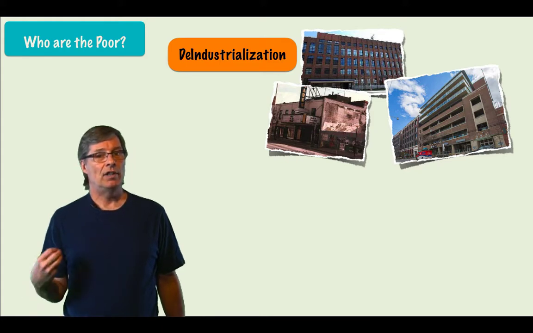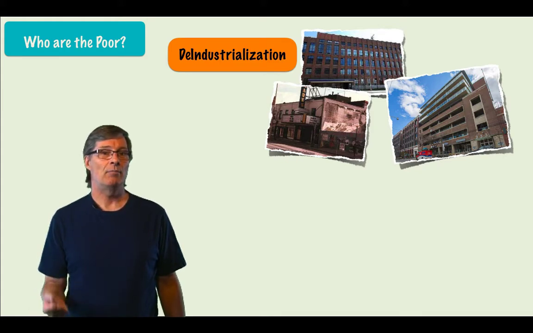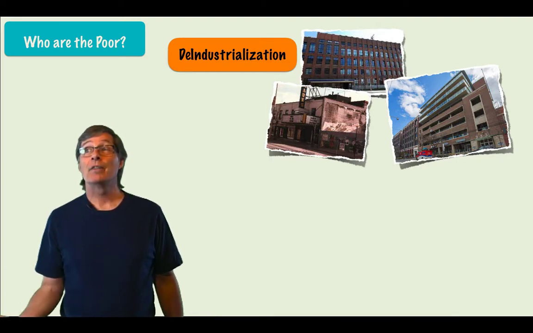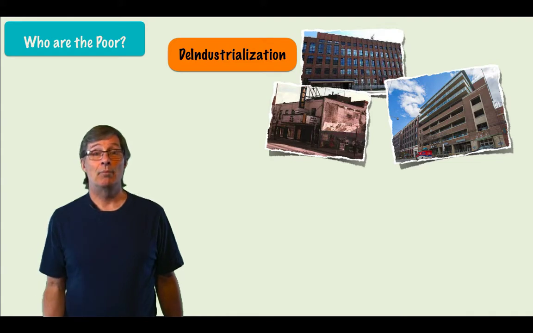With deindustrialization, corporations have been divesting in Canada and millions have lost their jobs. In the 2005 period, some 500,000 men and women lost jobs in the manufacturing industry in Ontario alone. That had a huge impact on people's lives.